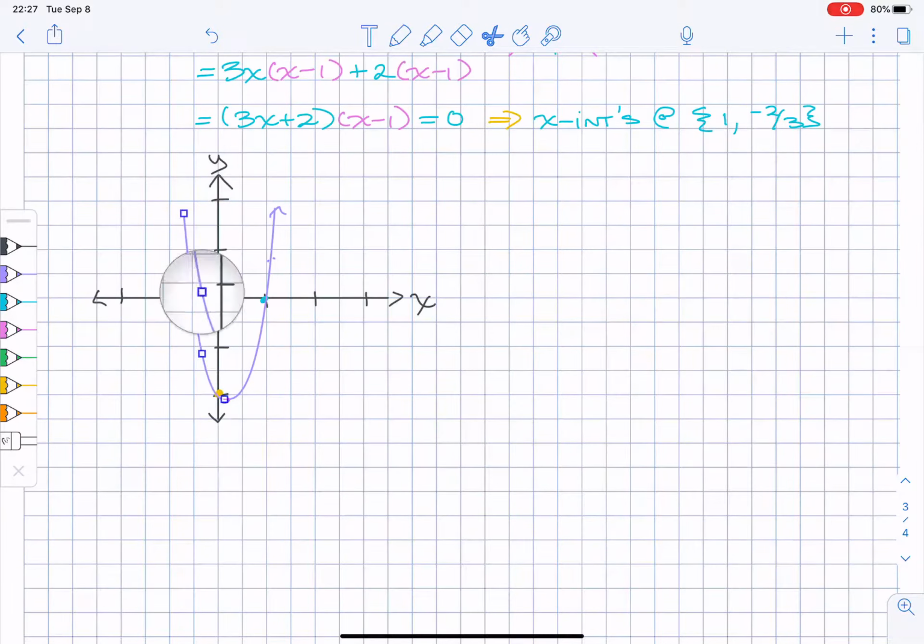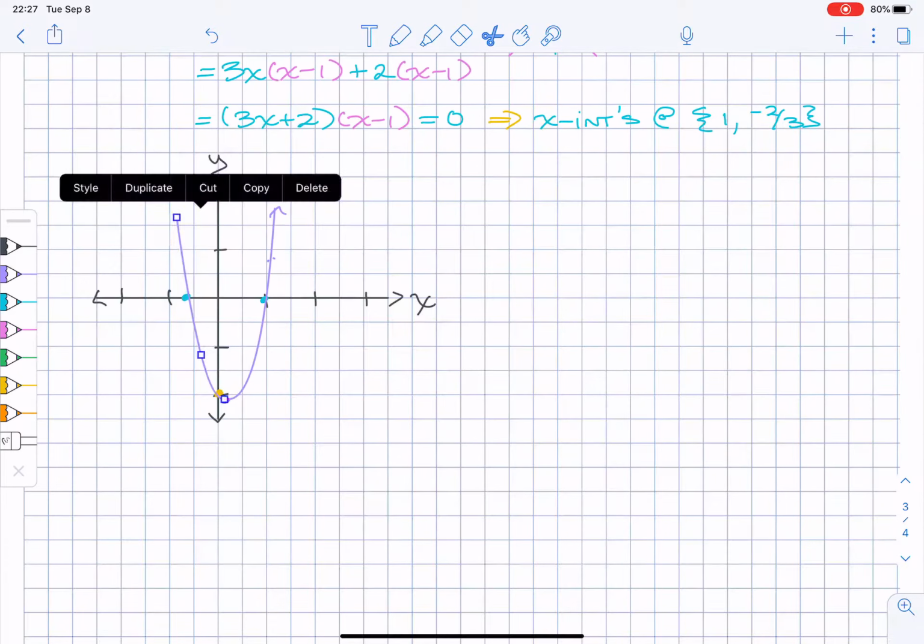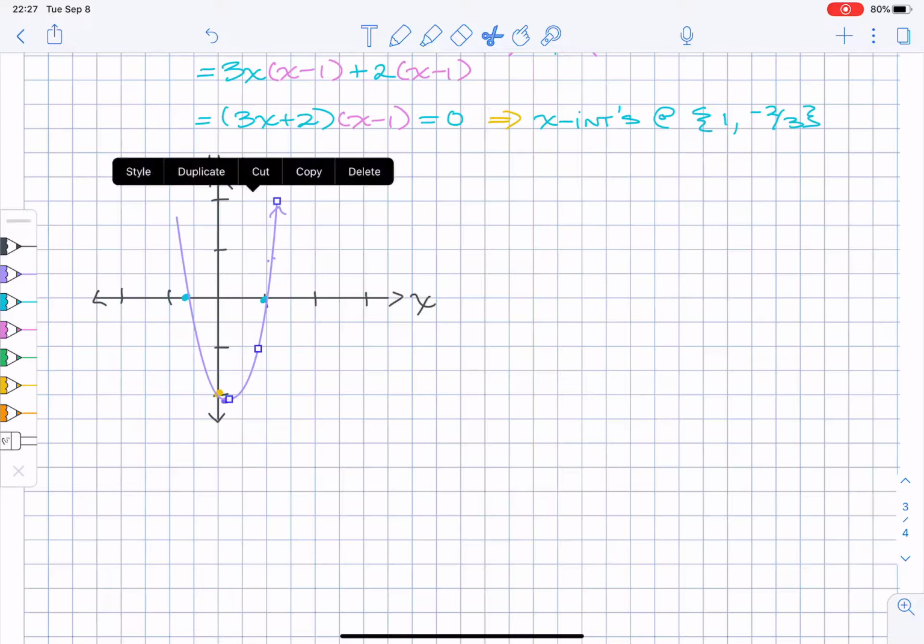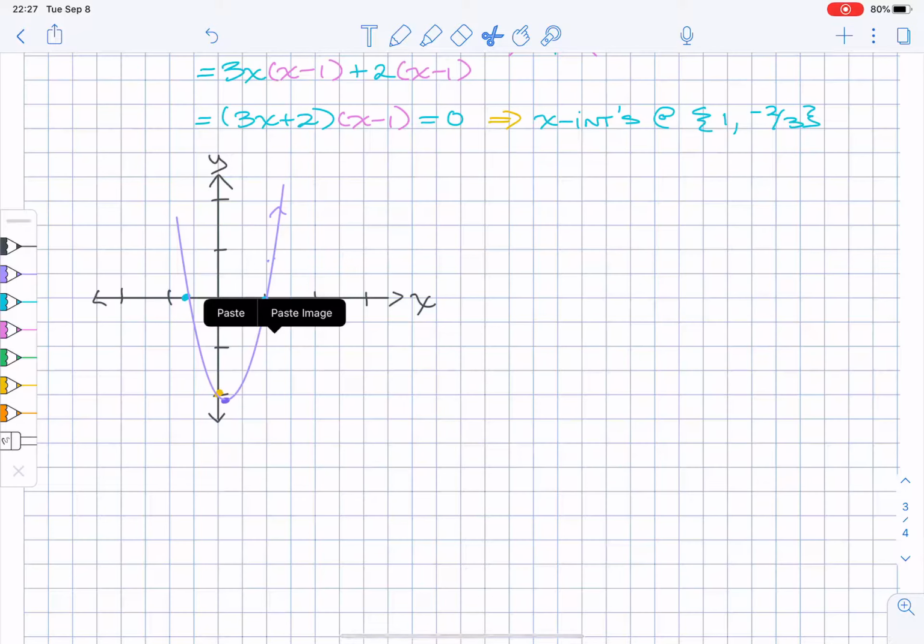It needs to go through there. Okay. So this needs to be a bit like so. Yeah, close enough. Okay. So there we go. This is an estimate to what it should be.